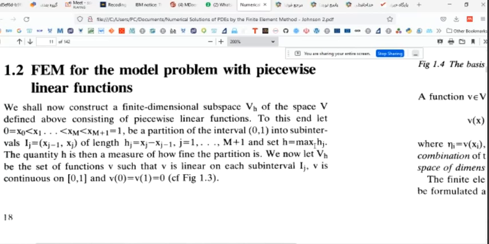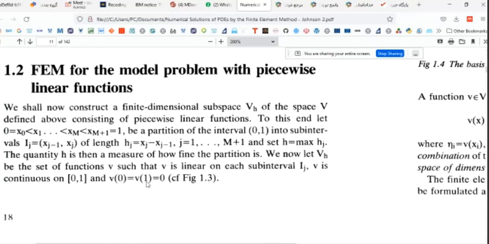We now let V_h be a set of functions v such that v is linear on each subinterval I_j, v is continuous on 0 to 1, and with the boundary condition v(0) equals v(1) equals 0.